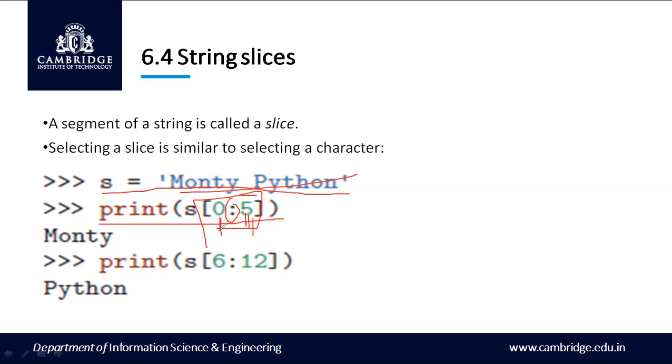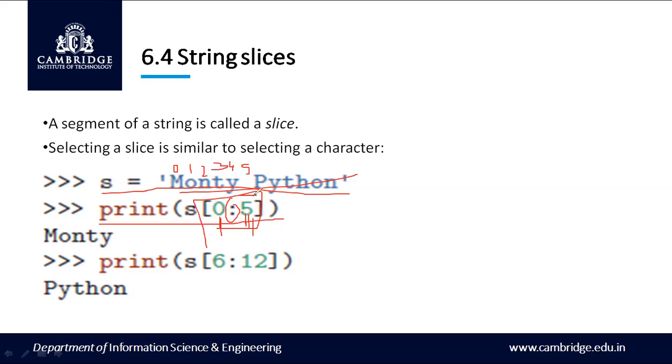So here you can see, according to this example, print S[0:5]. Here the offset values are 0, 1, 2, 3, 4, and 5. So this is the example 0 to 5.